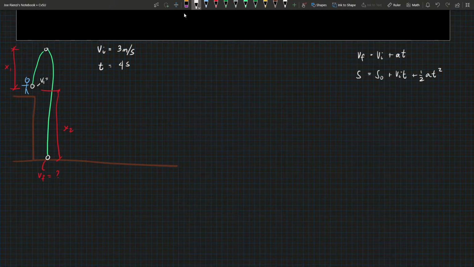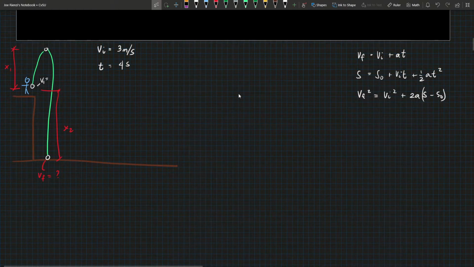We also have the formula VF squared is equal to VI squared plus 2A(S minus S naught). These are our formulas. They come from the basic definitions, dv over dt, and velocity is just the derivative of distance s with respect to time.